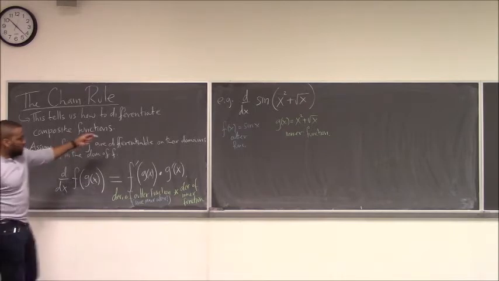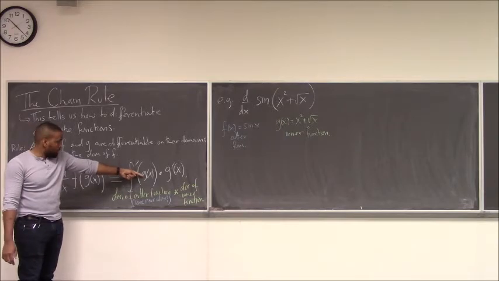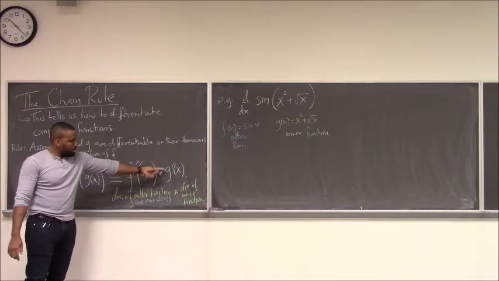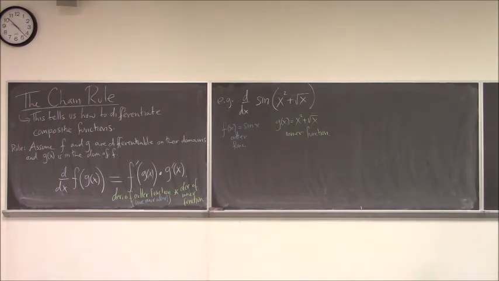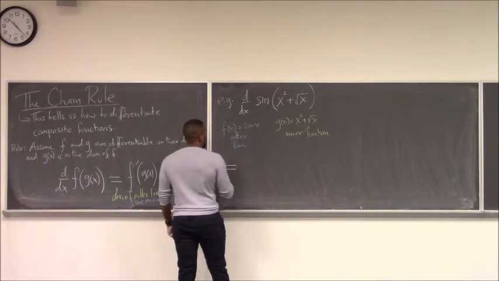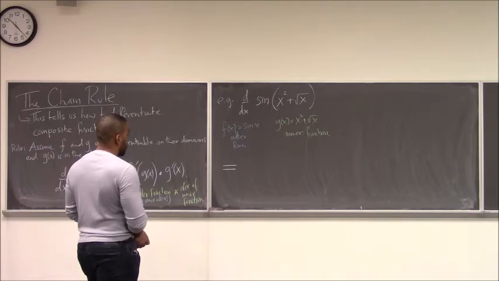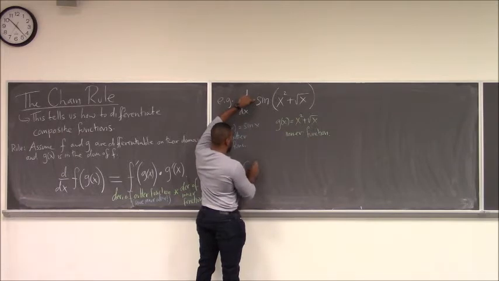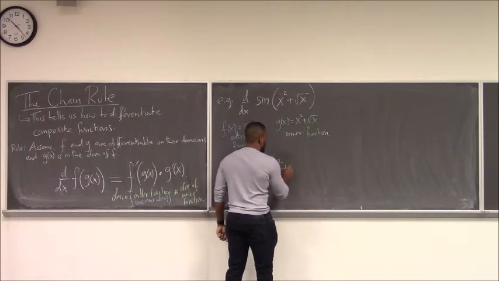The rule says, differentiate the outside function first, leaving the inside function intact initially. Just worry about differentiating the outside, then multiply that by the derivative of the inside. To apply that here, we would first differentiate the sine function. What's the derivative of sine of x? Cosine. So differentiating the outer function gives us the cosine. Now at first we're going to leave the inside function alone.